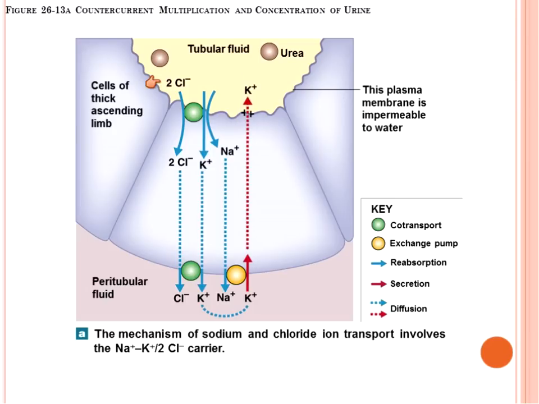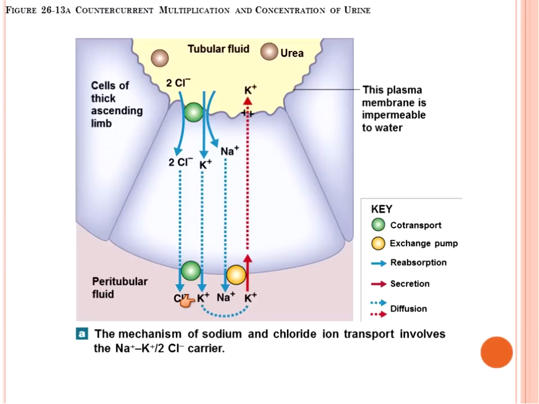Chloride ions, along with potassium and sodium, can come in through what we call co-transport. As they come in, the chloride and the potassium come in on another co-transport system, and then the sodium is brought in because that potassium is going to go back out as a result of the sodium-potassium exchange pump, 3 for 2.